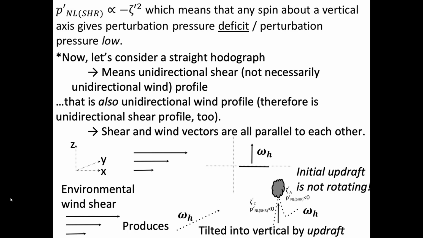Now, that initial updraft right over here is not rotating. It's not rotating at all at this point. You might wonder, well, why is it not rotating? We're going to talk about this in just a moment. Now, we do get upward vorticity, but this initial updraft is not rotating. And we're going to talk about why in just a moment.